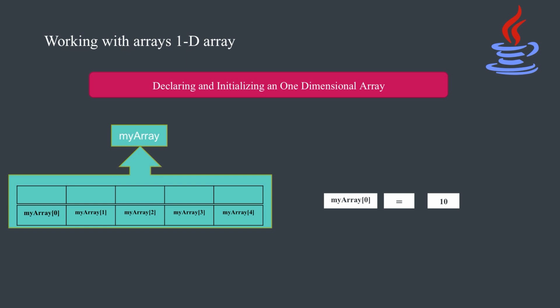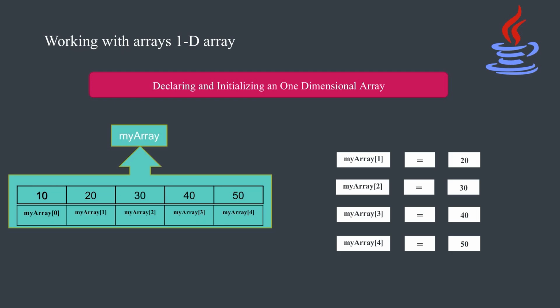For example, when you say my array 0 is assigned 10, you are writing the data in the 0th index. Thereafter you say 1 is 20, 2 is 30, 3 is 40 and 4 is 50. So you are actually writing the data into the array.